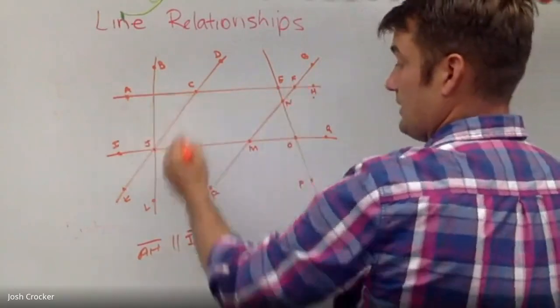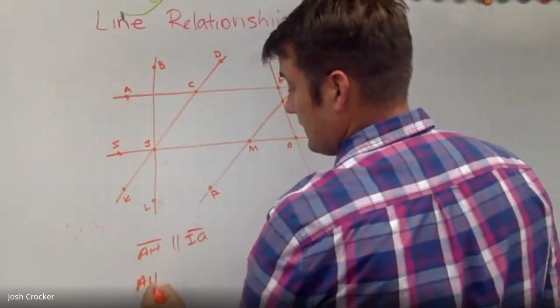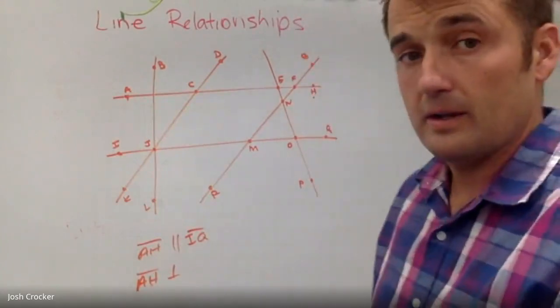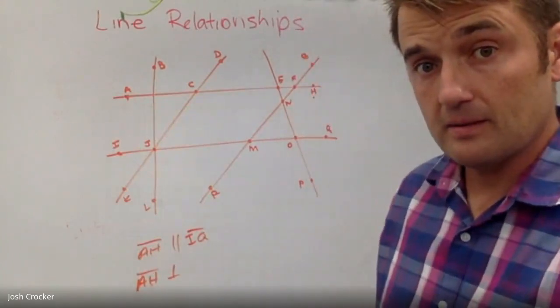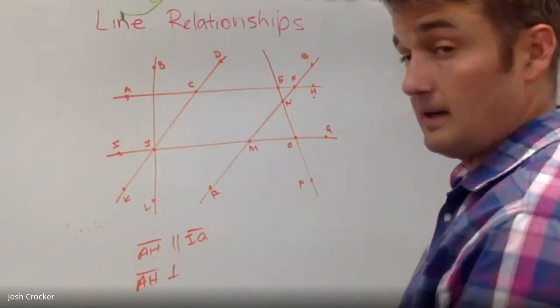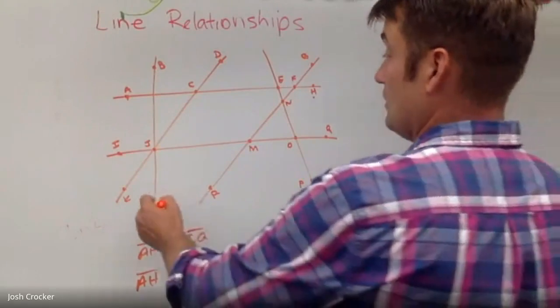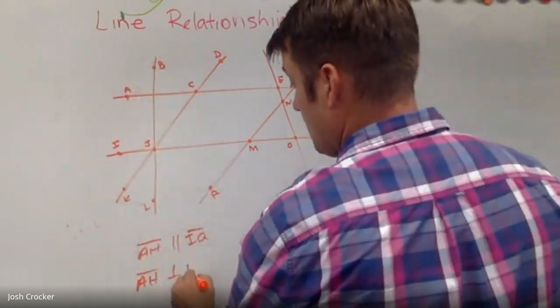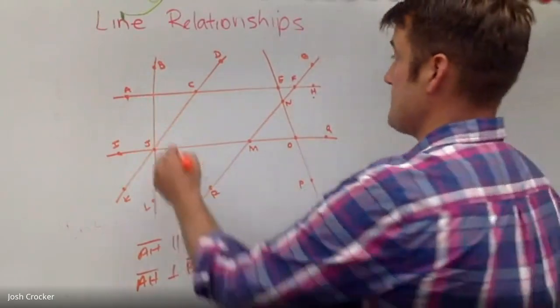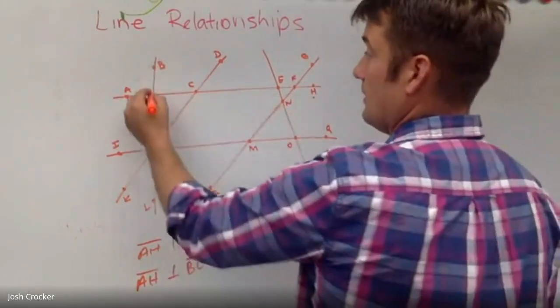So we're staying right here. Does AH run perpendicular to something? Yeah, I think it does. I think it runs perpendicular to BL, because here's AH, here's BL.